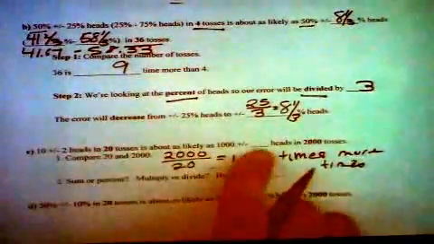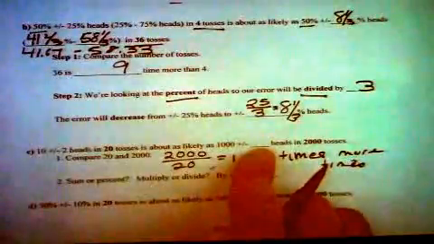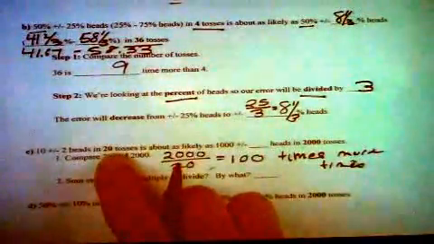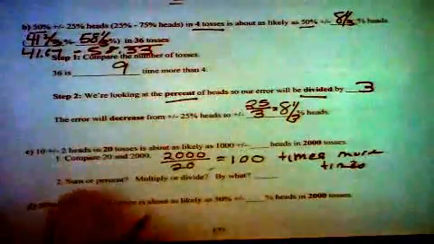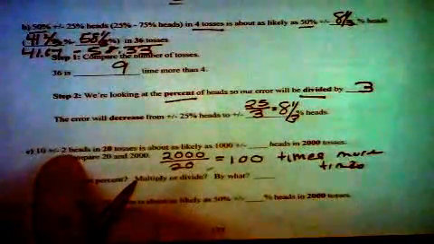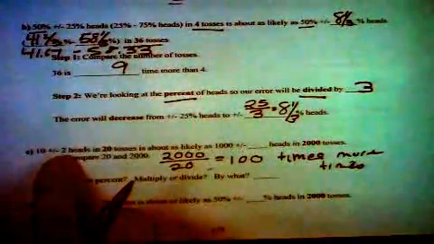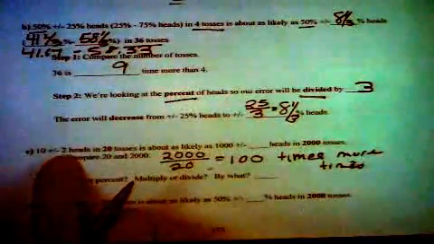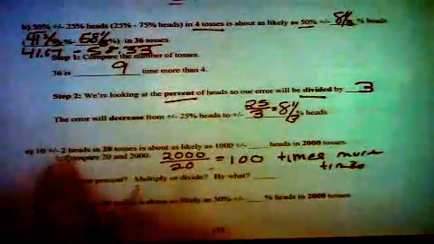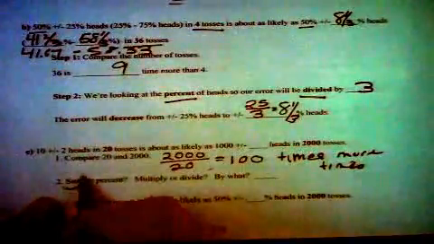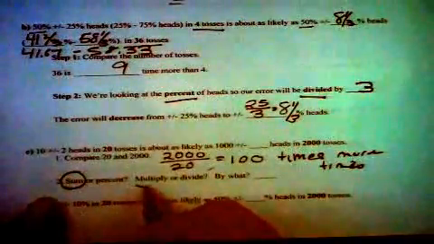Do you think it's going to go up to 200? Do you think this is going to go up to 100 times more error? No, it's only going to be how much more times error? 10. So it's a sum, so we want to multiply.